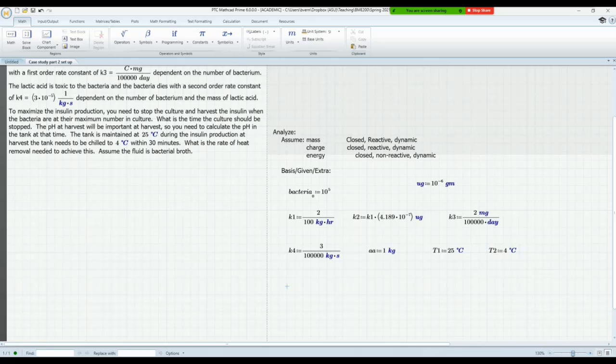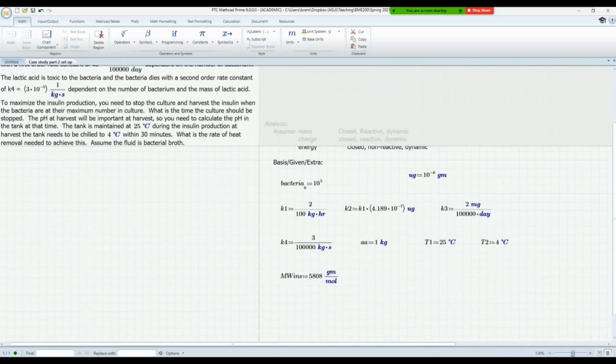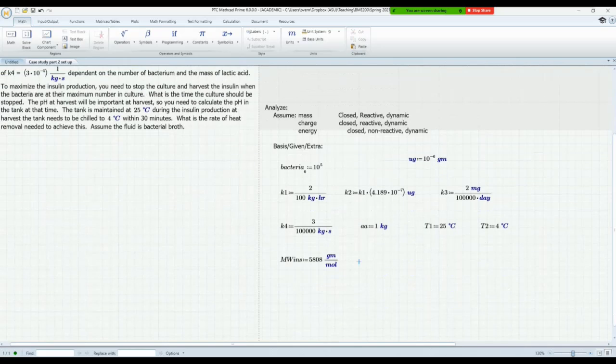And then some of the extra data you're going to need is the molecular weight of insulin, which is 5808 grams per mole. The molecular weight of lactic acid is 90 grams per mole. The molecular weight of the amino acids is 114 grams per mole.